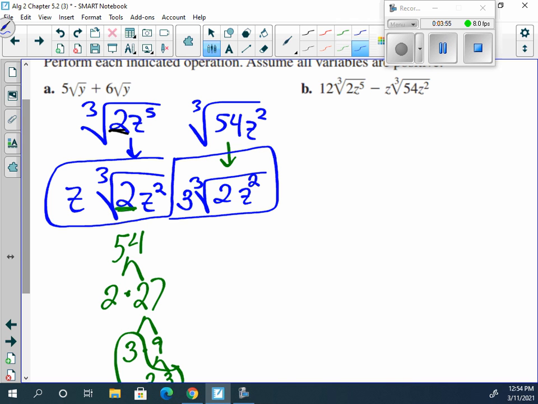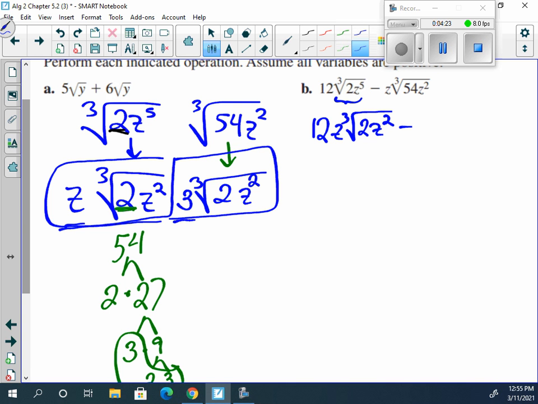Okay, now we need to put them back into the equation. Because here, the cubed root of 2z to the 5th became z times the cubed root of 2z squared. So we have 12, because we have 12, what? z times the cubed root of 2z squared. Minus.